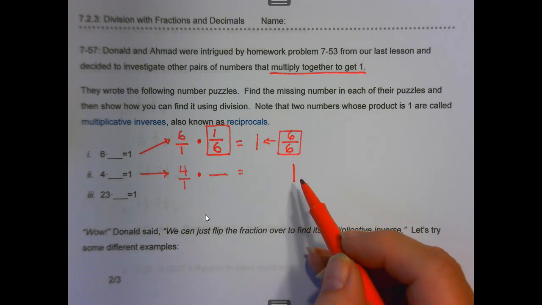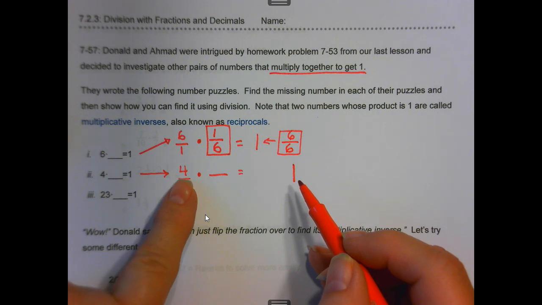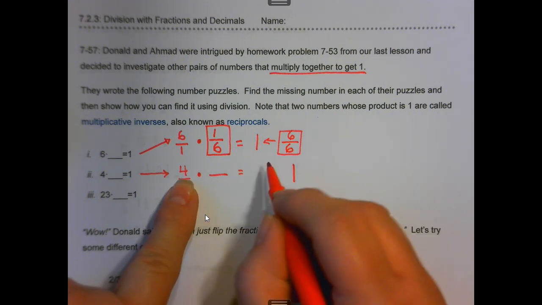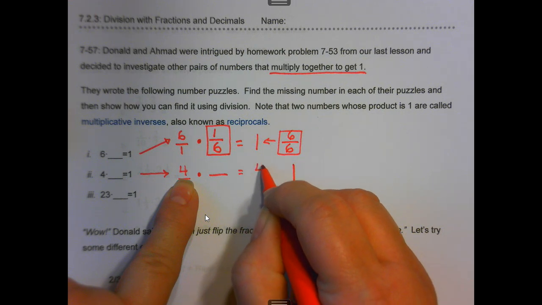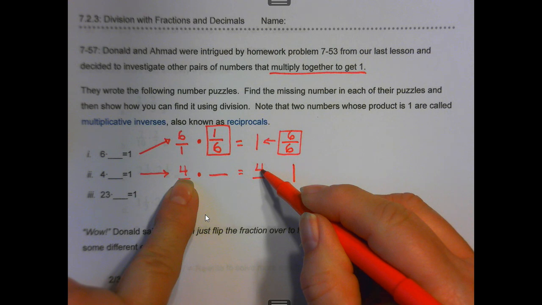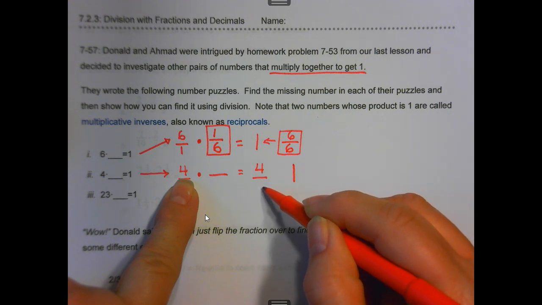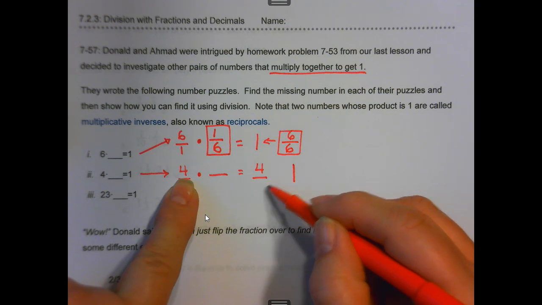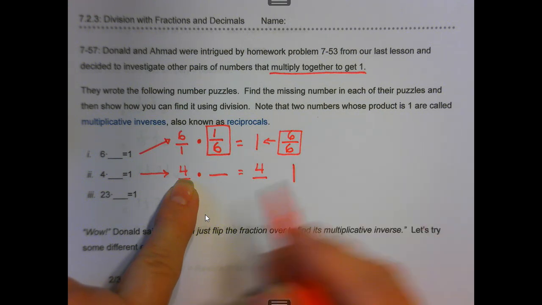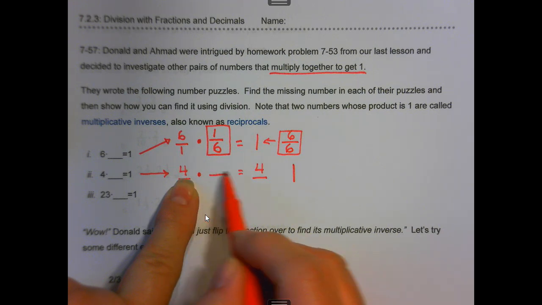Going back to what I was thinking about earlier, I know that 4 is in the numerator place here. And if I make a fraction that has the same number in the numerator and the denominator, I can do a math problem and end up changing that into a number 1. So 4 times what gives me 4?